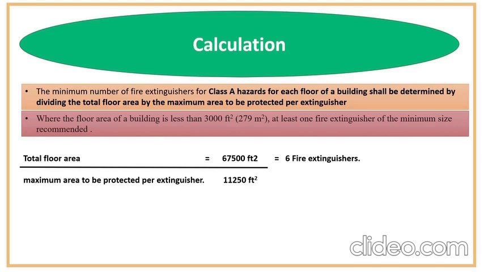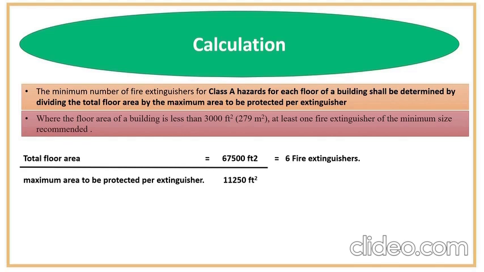So how to find out the number of extinguishers required to cover the floor areas. Here we go. According to standard, the minimum number of extinguishers for Class A hazardous for each floor of the building shall be determined by dividing the total floor area by the maximum area to be protected per extinguisher.